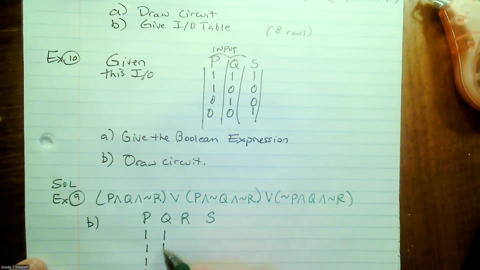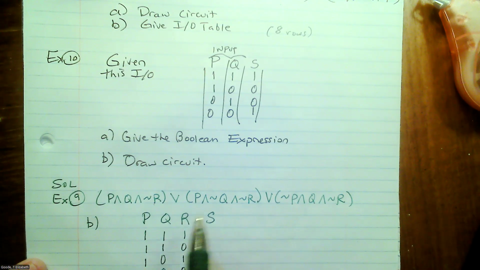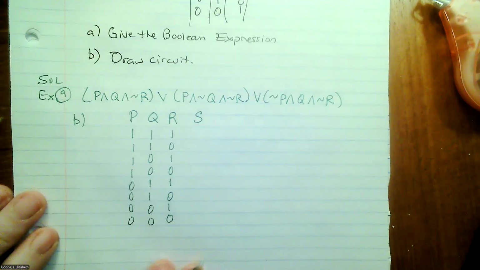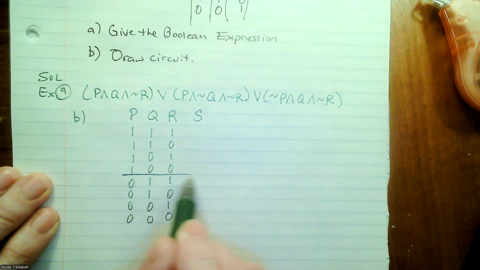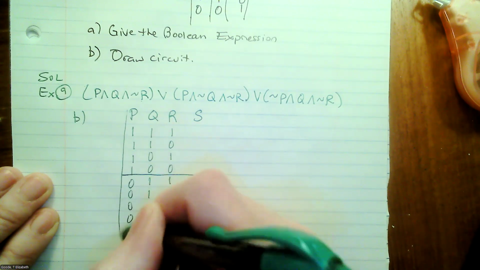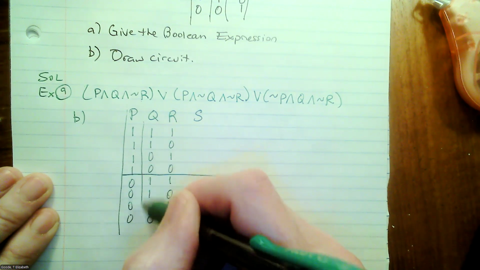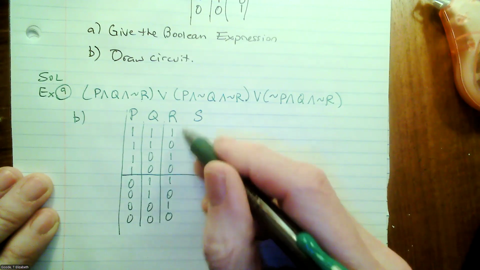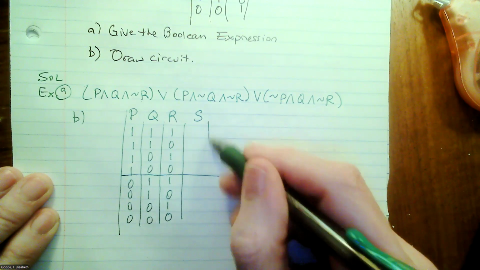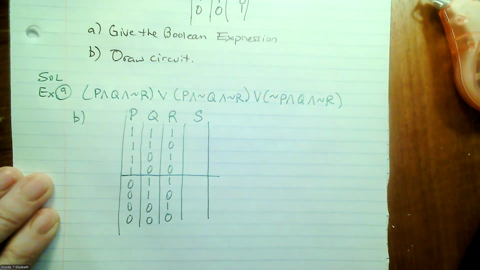Each one of these expressions inside parentheses gives us an input situation, called an input state. So your IO table is going to have 8 rows: 1, 1, 1, 1, 0, 0, 0, 0, and so on. The question is, what is the output?